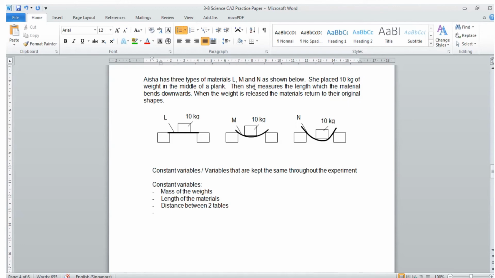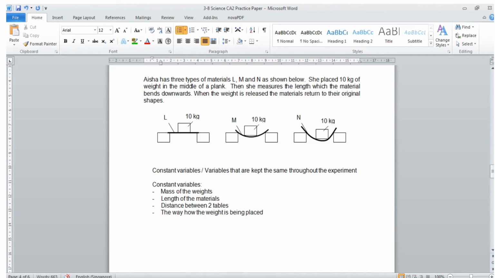It is also what? If I just take the weight and I just throw it onto this material, what do you think will happen? It will bend more, right? Because I'm putting in more force. But if I put it lightly, softly, what will happen? There's not much bending that we can see. So in this case, it is also the way how the weight is being placed.